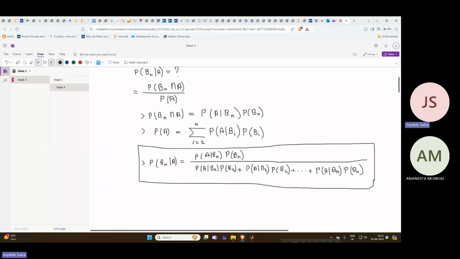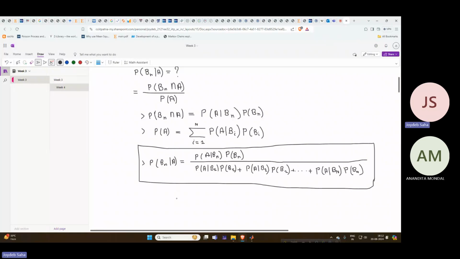This is Bayes theorem. And what it says is that, let us assume that there is a sample space S. Over the sample space, there are capital N number of events, which are B1, B2, and up to Bn.